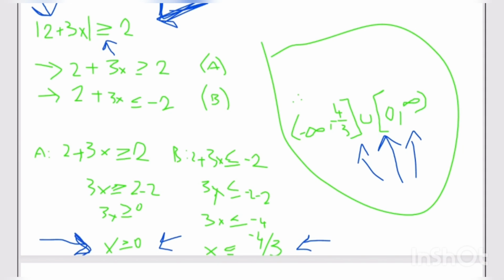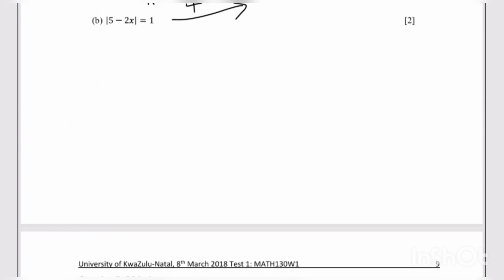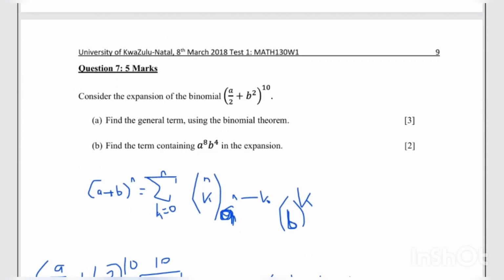You don't put it in interval notation because they never ask you. Alright, so obviously the first one will be exactly the same, except you drop the brackets, and then the second one will be obviously minus 1. Alright, so yeah, when you're working it out.